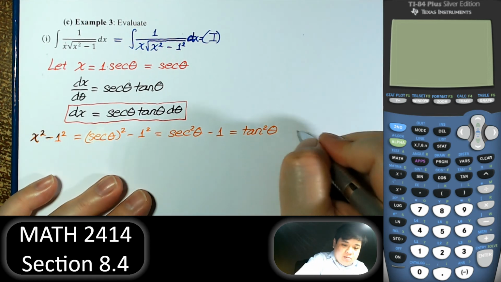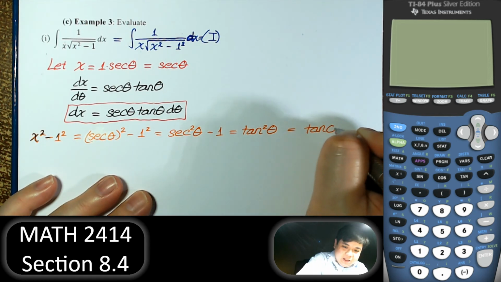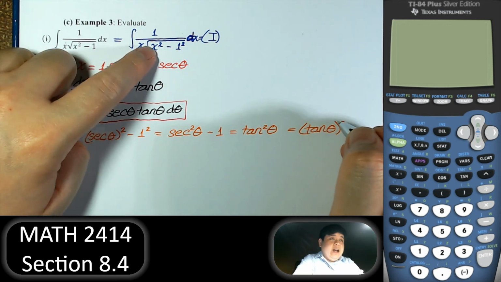Let's write that as tangent square and substitute into here.